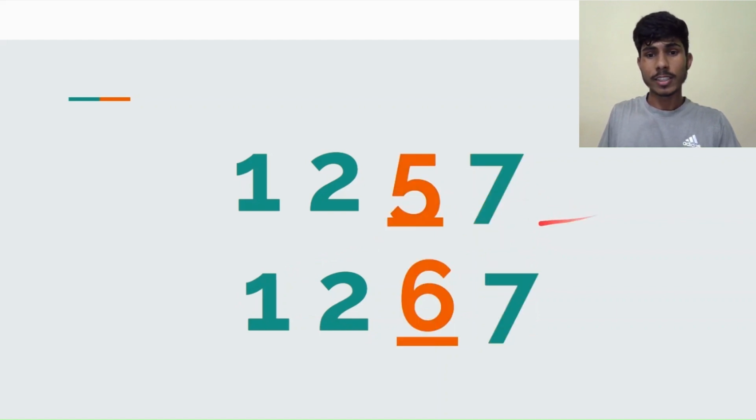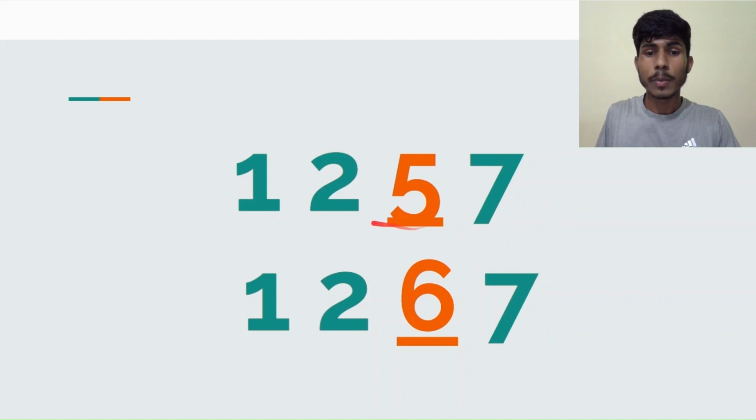And if you consider this 5 in the 1257, this is said to be in tens place. Why? Again same. If you change this 5 to its next number, what comes after 5? 6. So if you change this 5 to 6 and keep the rest of the digits same, you will get 1267. That means the value of 1257 is changed by 10.